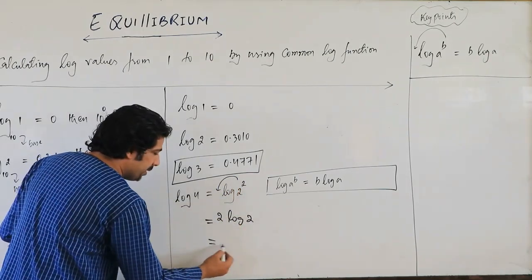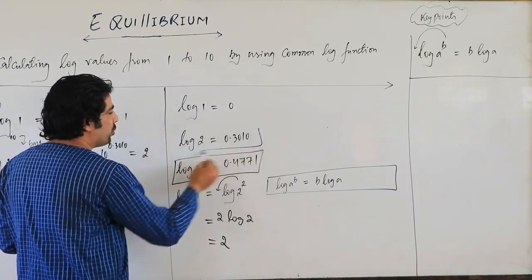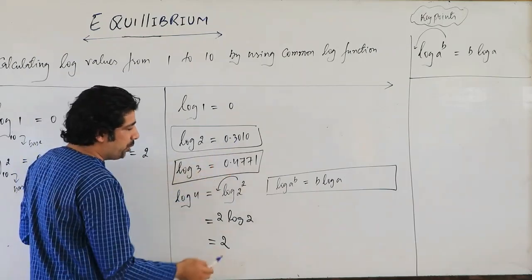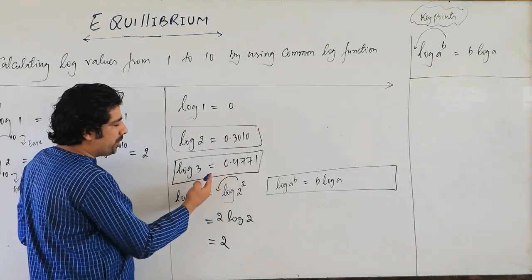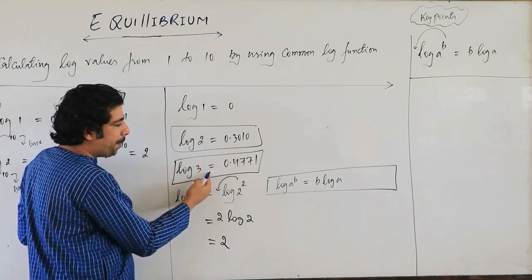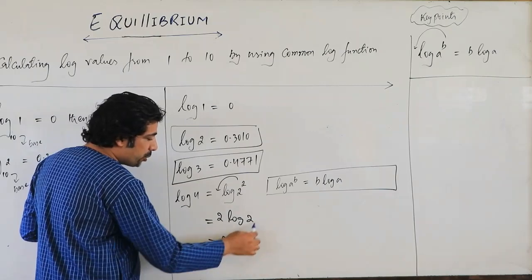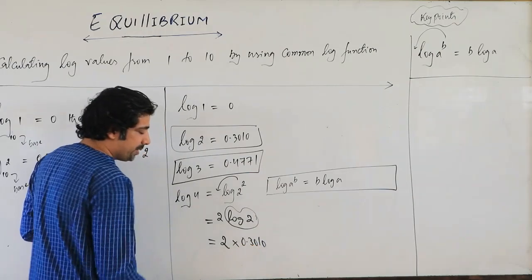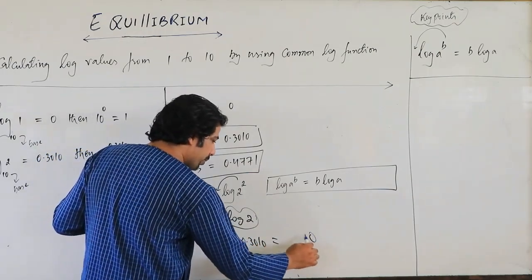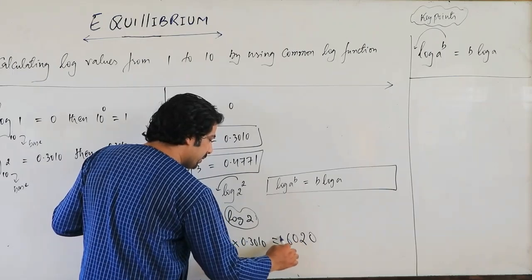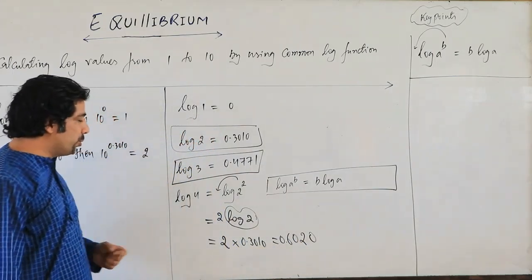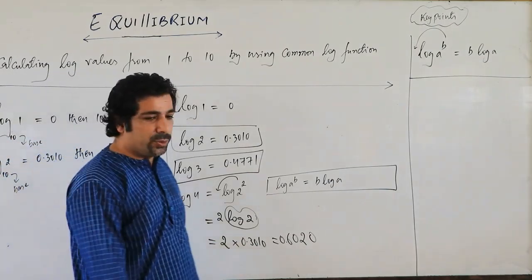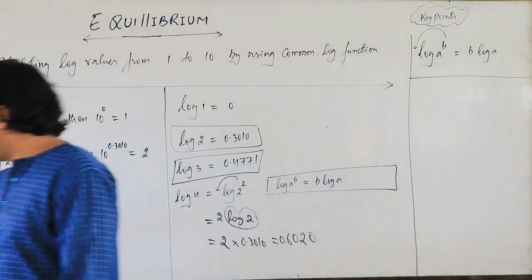Then 2 into, you already know the value of log 2 and log 3. So what is log 2 equal to? 0.3010. So at least you remember the log 2 and log 3 values, my dear friends. So this will be equal to 0.6020. So log 4 is equal to 0.6020, my dear friends. And after that, let us go for log 5.